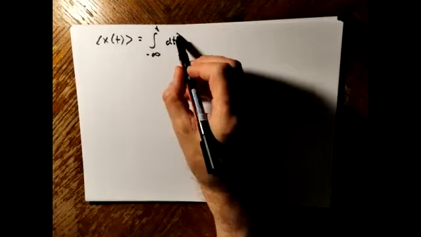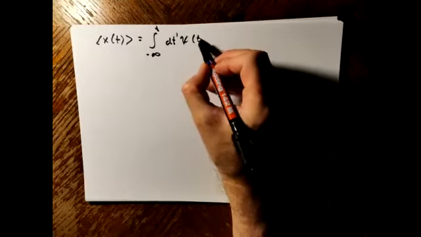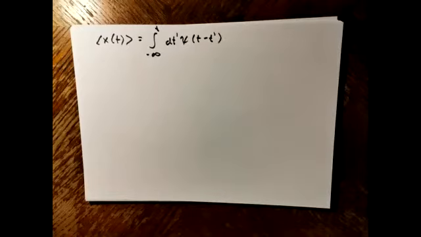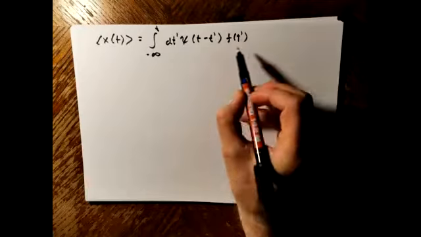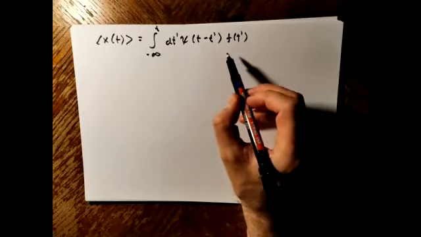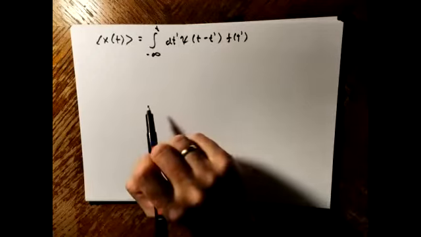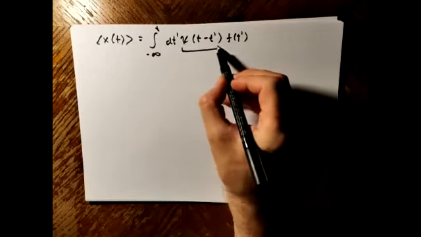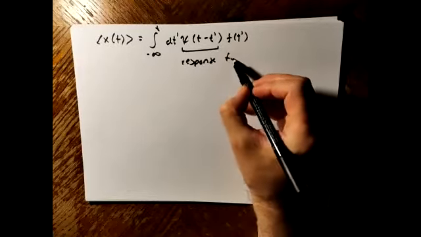Here we have dt prime, an integral, and I'm going to define a response function. The force acts at time t prime, and this response function accumulates all the effects of the force. This we call the response function.